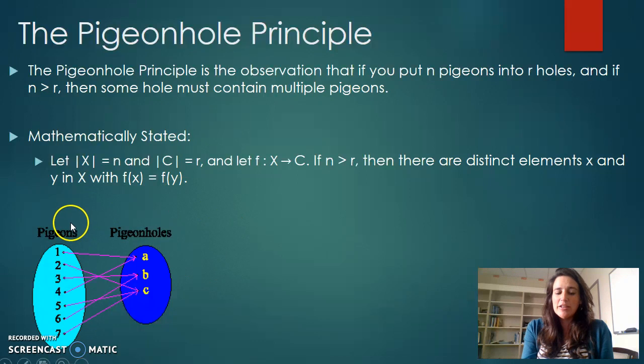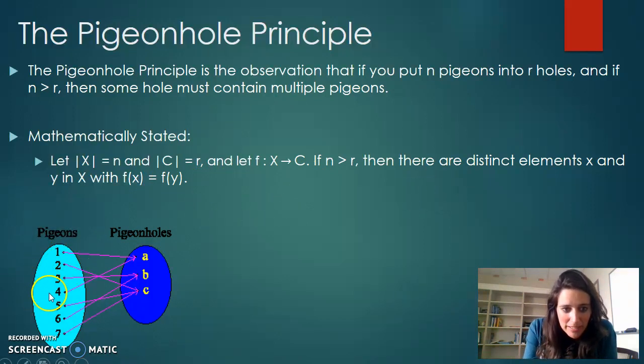So looking here, the pigeons are where our domain is, and we're mapping into the holes. If there are more pigeons, i.e. if the order of the domain is larger than the order of the codomain, then there must be different elements.